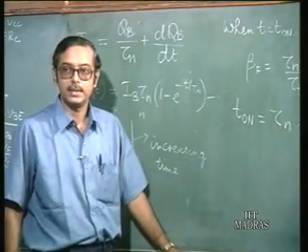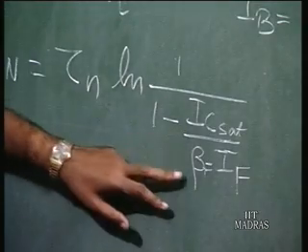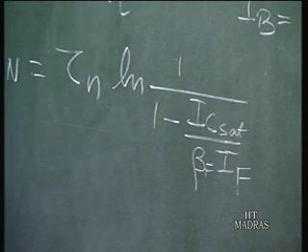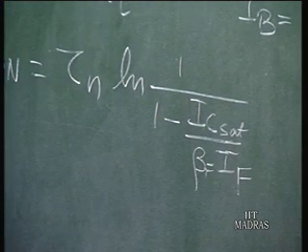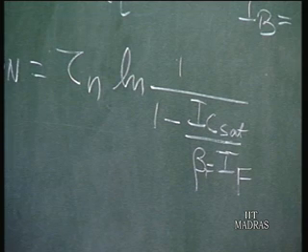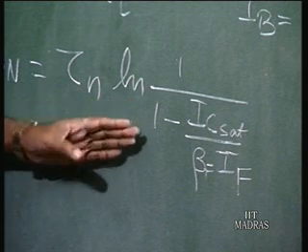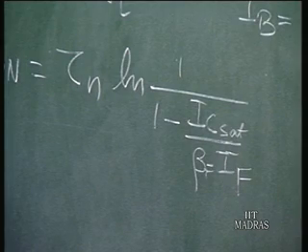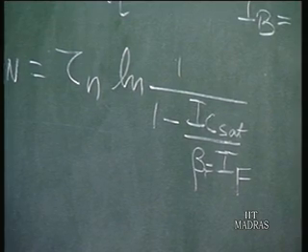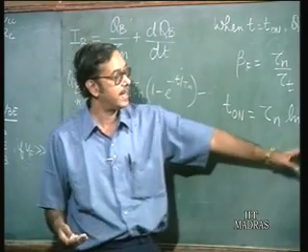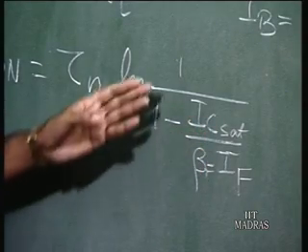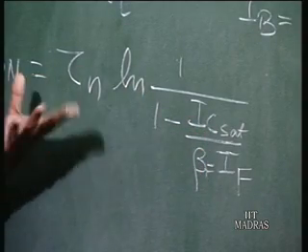Of course, if beta IF is equal to IC sat, the transistor is never going to saturate. You can look at this. If beta IF is greater than IC sat, this becomes a fraction and it is going to saturate.